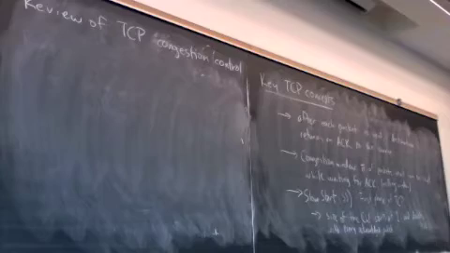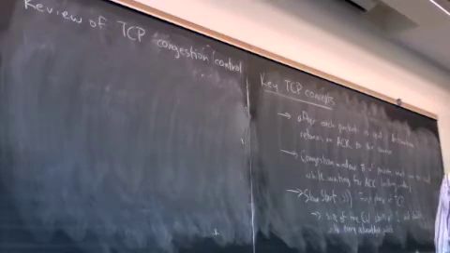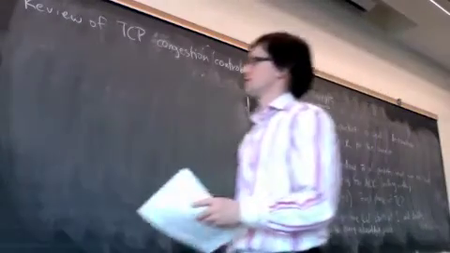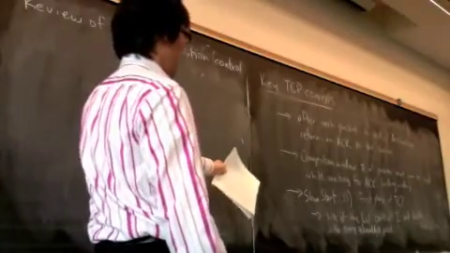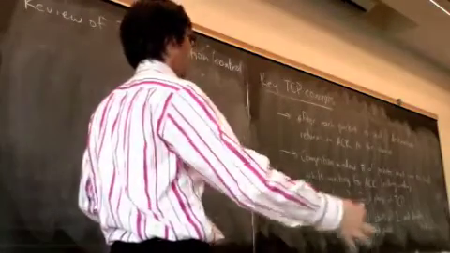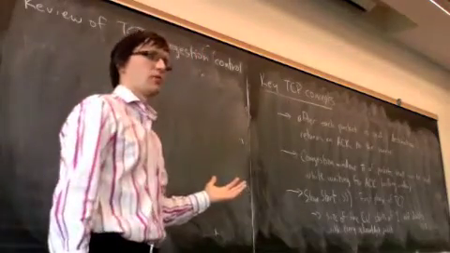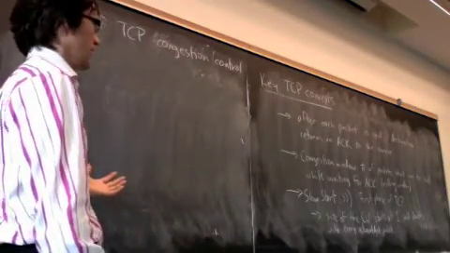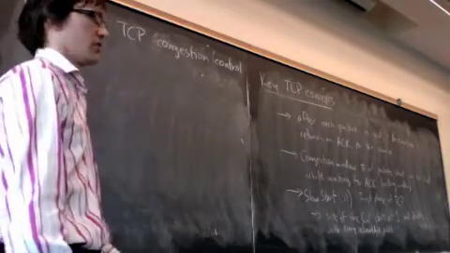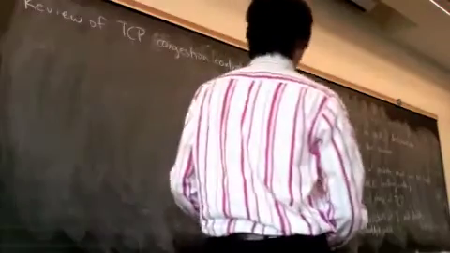If I keep doubling and doubling and doubling, eventually I'll blow right past the point at which congestion is going to occur, and there will be a huge number of packets that are dropped. So that's undesirable.